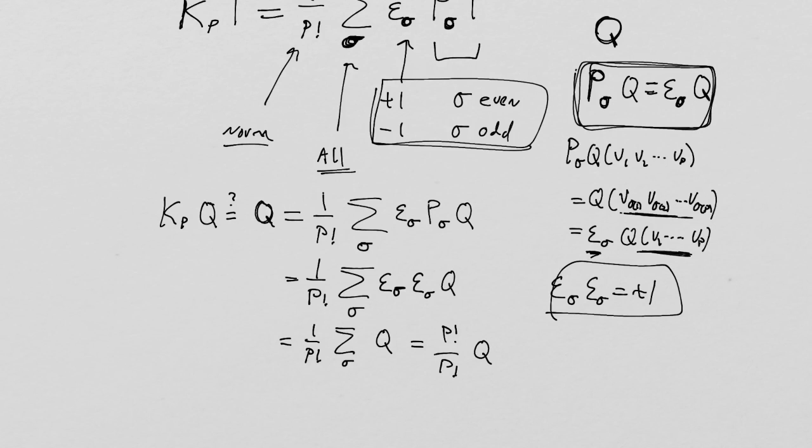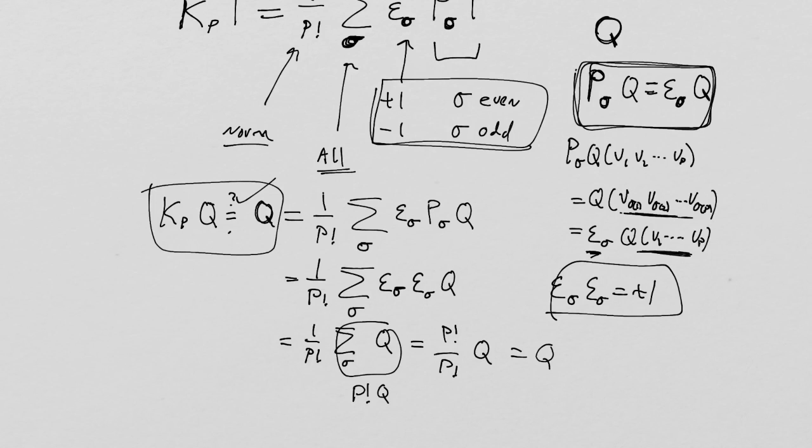Because this sum here equals P factorial times Q. So this just equals Q, right? Which is exactly what we wanted to show here. So this anti-symmetrization operator acting on an anti-symmetric tensor returns an anti-symmetric tensor.